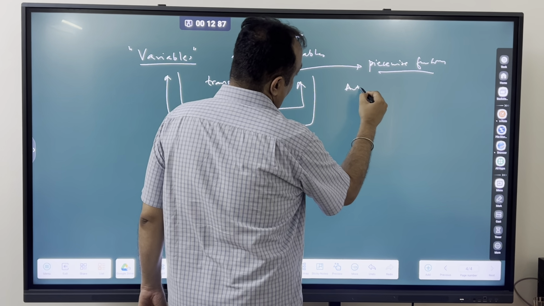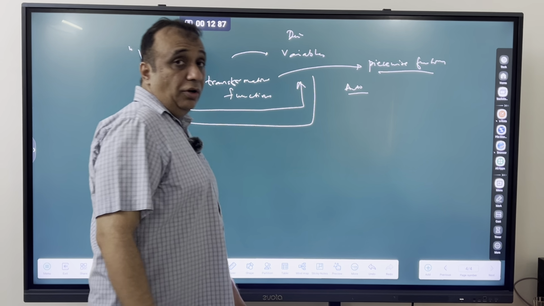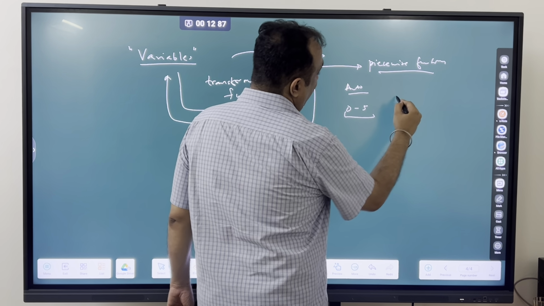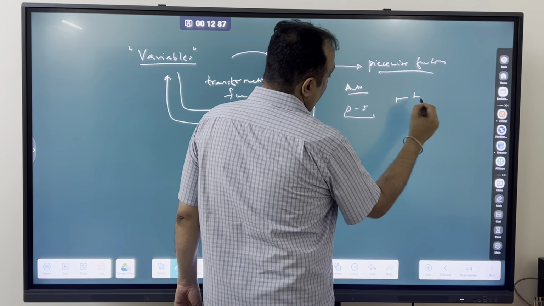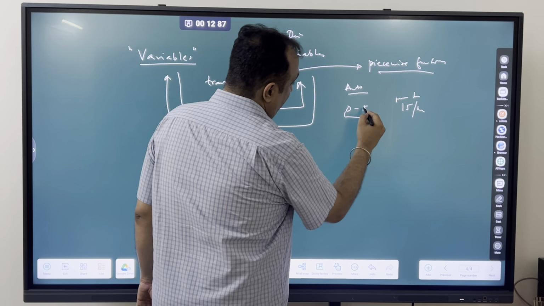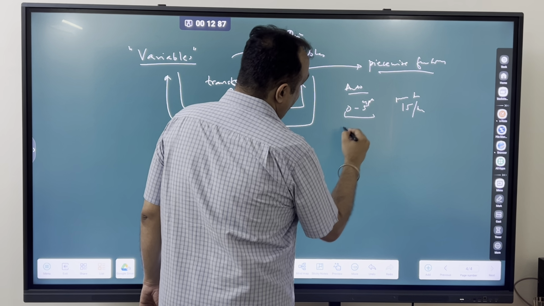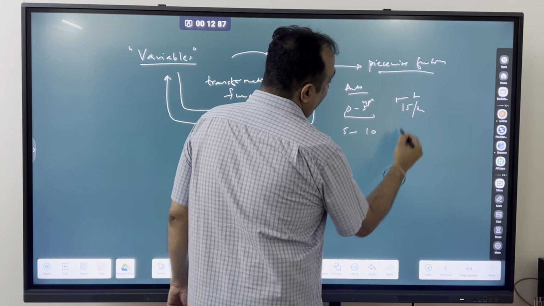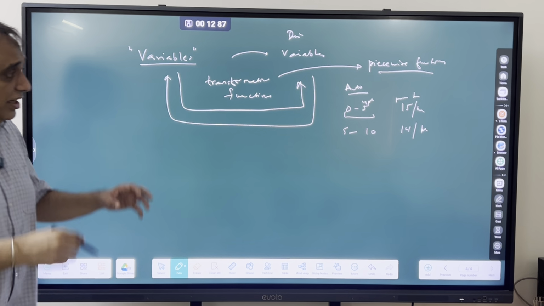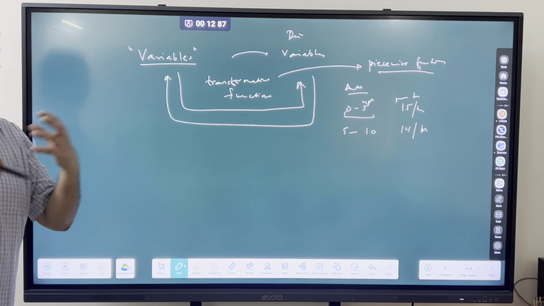If you travel from 0 to 5, the rate is 15 rupees per kilometer. But the minute you go greater than 5, up to 10, this becomes 14 per kilometer, and so on and so forth. So you get different values at different rates.